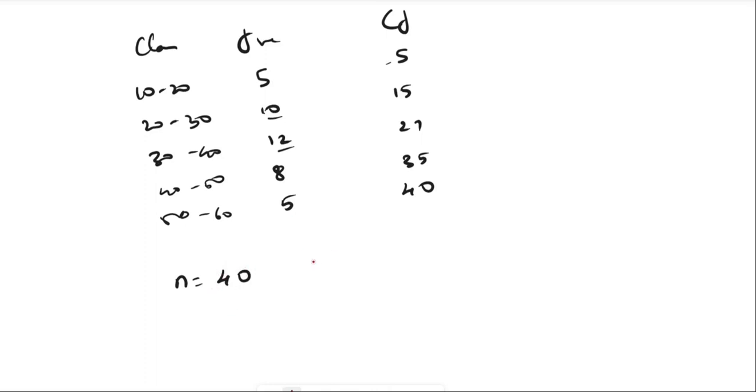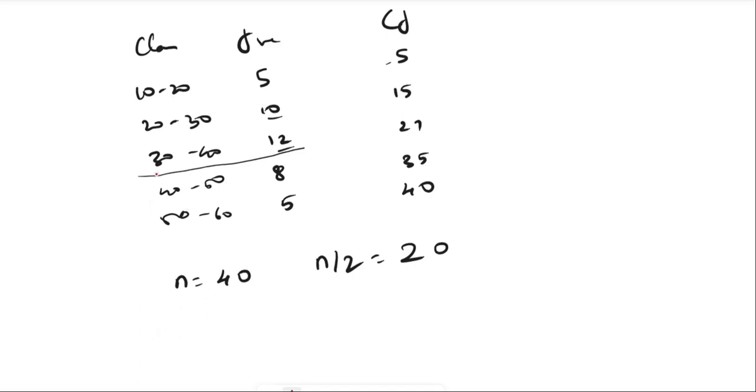And n by 2 here is 20. Let me sort it out. To identify the median class, we look for the class containing this mid value. So 30 to 40 is our median class.